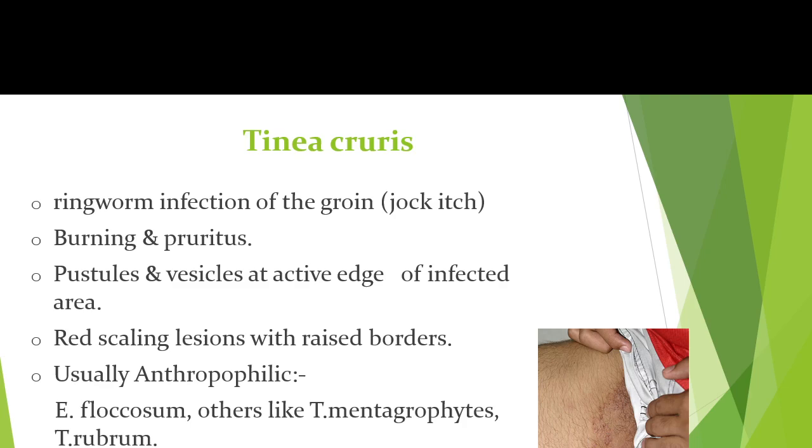As we see here, between the two legs we get this irritating red vascular lesion, sometimes with pustules, sometimes with bacterial infection, and with raised edges. Usually they are transferred from one human to another, so they are called anthropophilic, caused by Epidermophyton floccosum, Trichophyton mentagrophytes, and the previous one we know is Trichophyton rubrum.